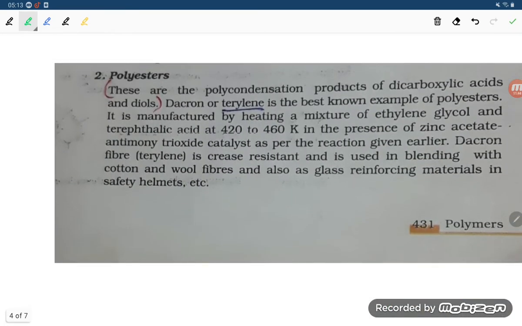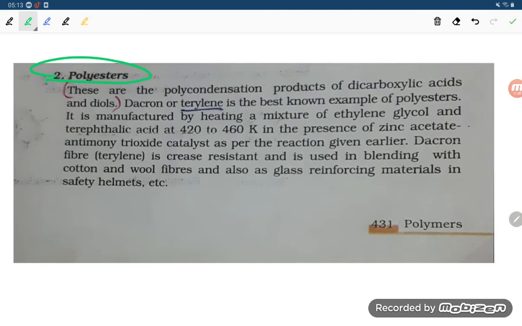Let us have a look at the polyesters, student. What are polyesters? These are the polycondensation products of dicarboxylic acids and diols. Dacron or terylene is the best known example of polyester.